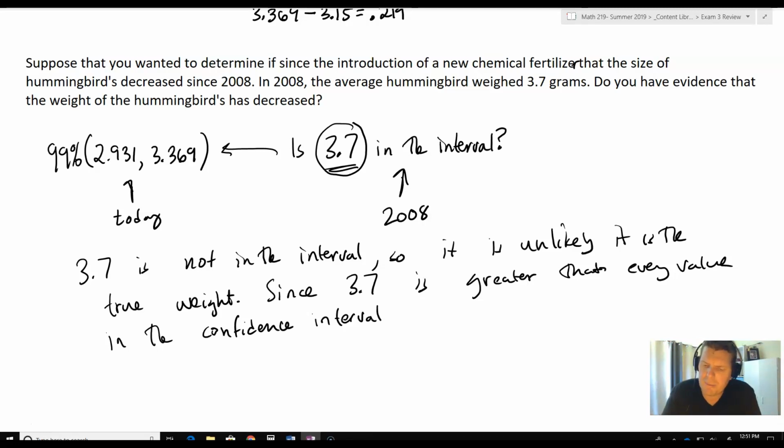So this tells us that the size of hummingbirds has decreased.